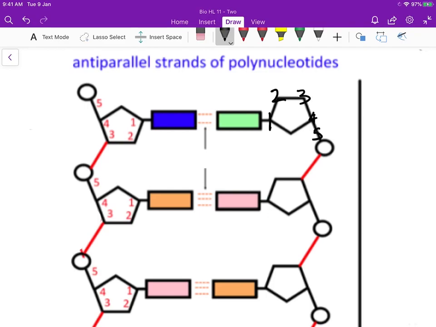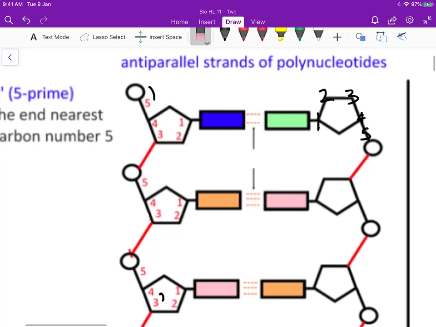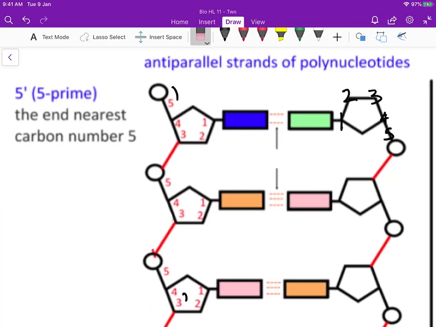And so we can show that our strand is running 5' down there to 3' at the bottom here. So that's running 5' to 3'. That's the 5' end, so the end nearest to the number 5, carbon 5.